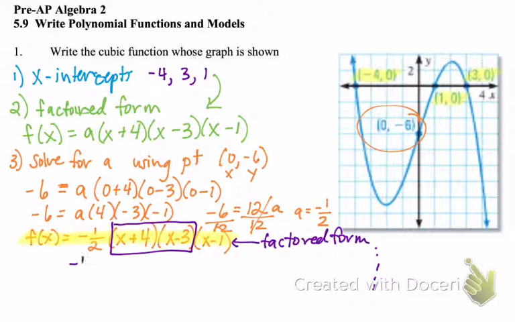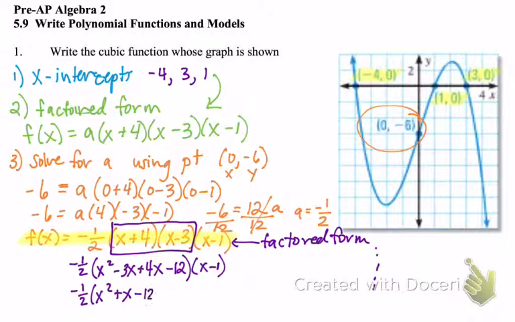So I'm going to rewrite this -1/2 times x squared minus 3x plus 4x minus 12 and x minus 1. Simplify, -1/2 times x squared plus x minus 12 and x minus 1. Then I multiply again, so distribute.